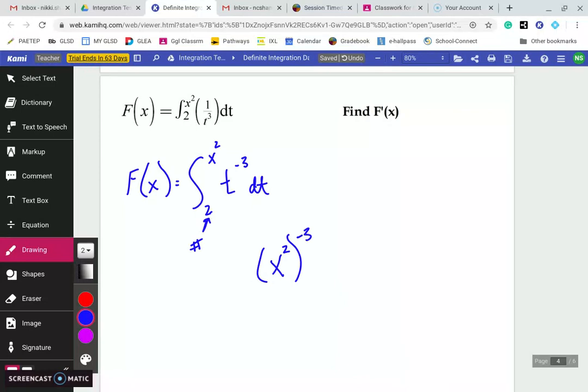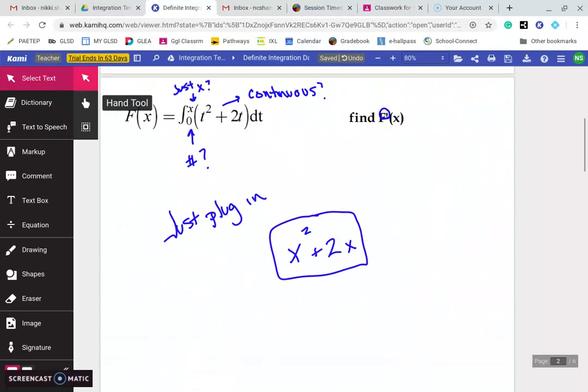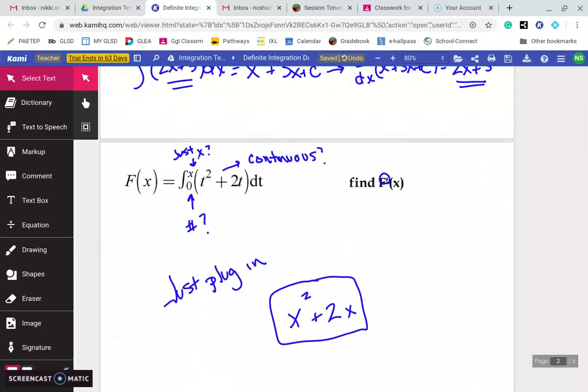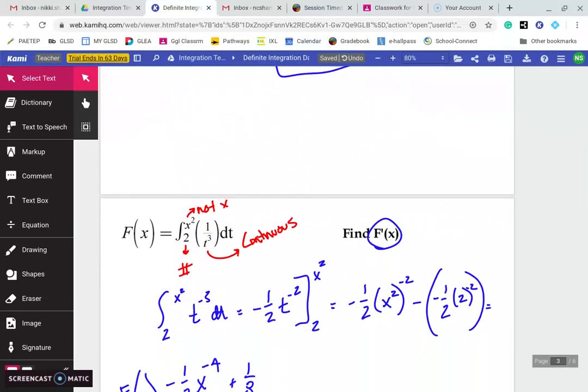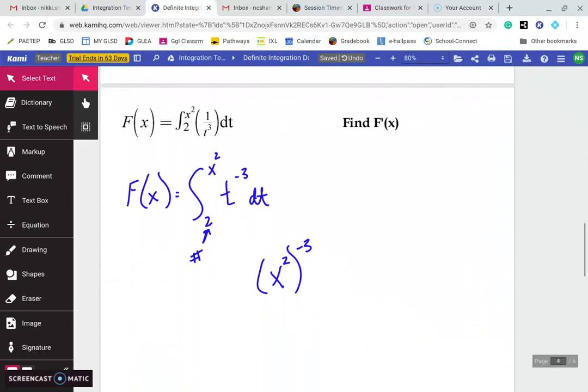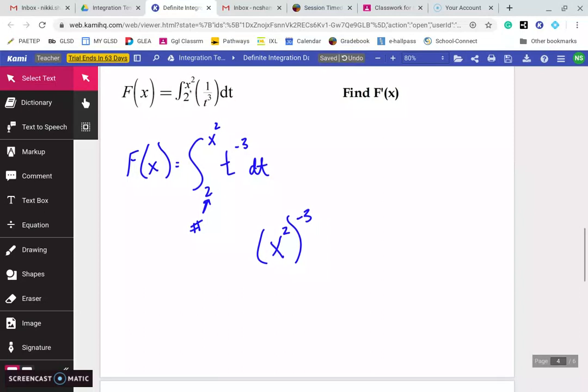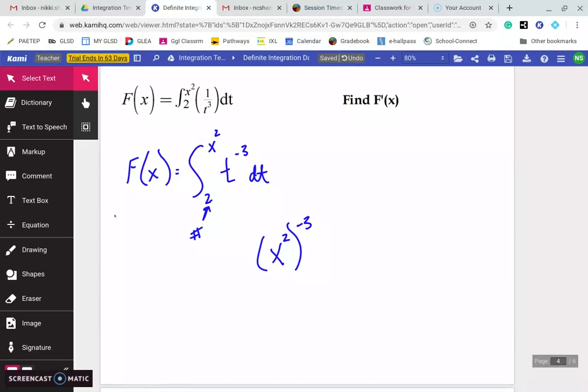Now the only difference here is, way back at the beginning with my theorem of calculus, this was just x. I could just plug x in and I was good to go. Now, since it's a function, it's x squared, and this would be anything besides x. So maybe you'll have x plus 1 or x plus 4 or whatever.